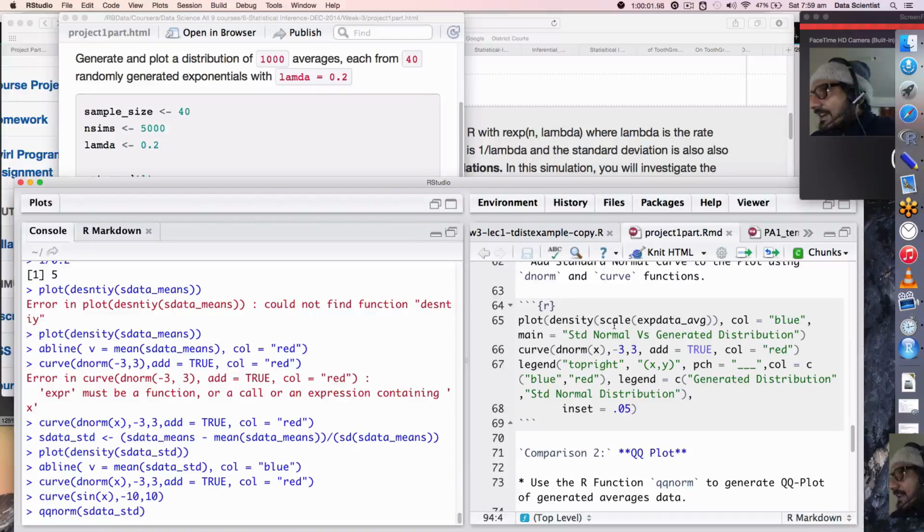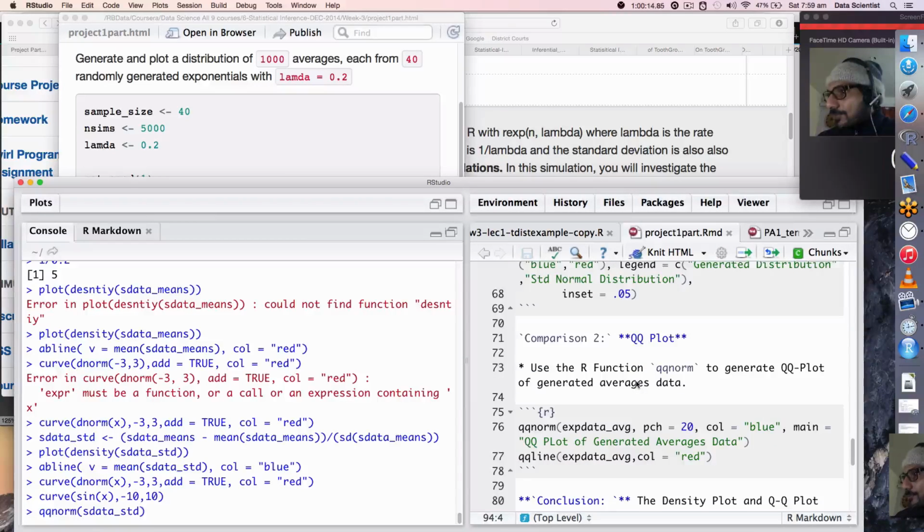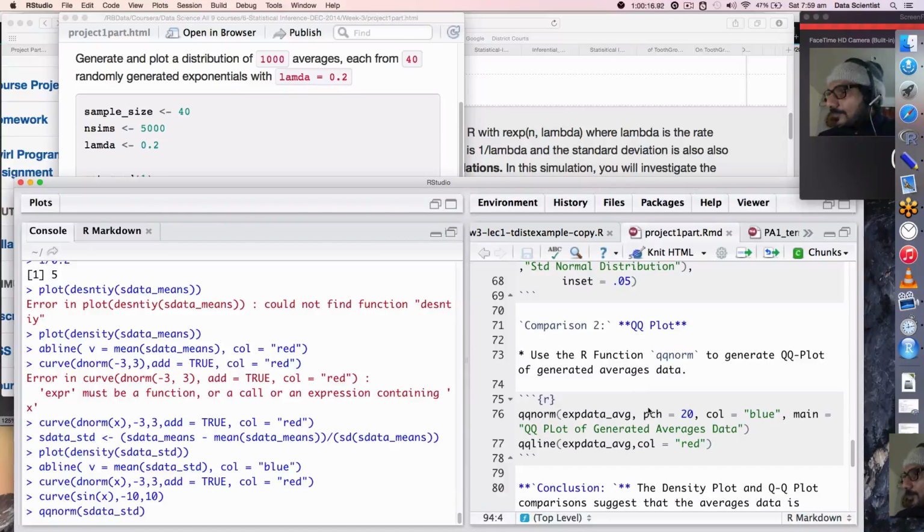What I've done here, an easier way to do it is scaling. See, I did that calculation, right? Data minus the mean divided by the standard deviation. If I just say scale the data, it will do the same thing basically. Okay, so there's a function called scale. So in fact, I don't even need to do the standardized data. Let me just do it for means data. I say means, okay, and let's say color is equal to blue.